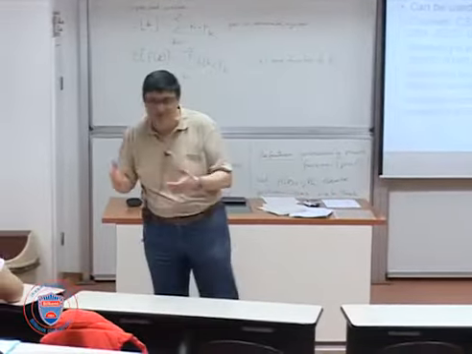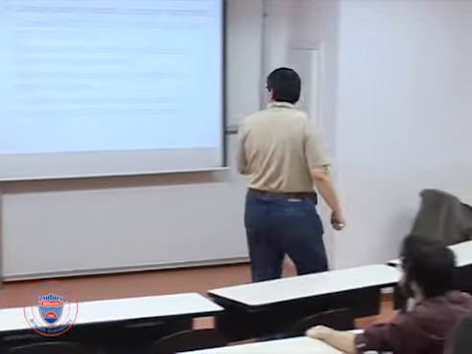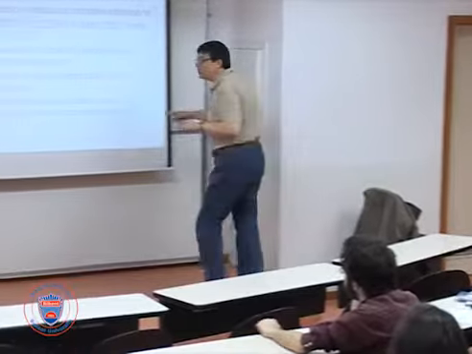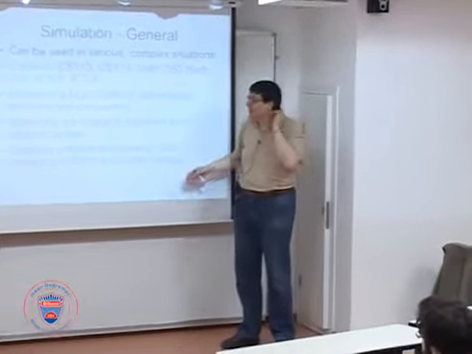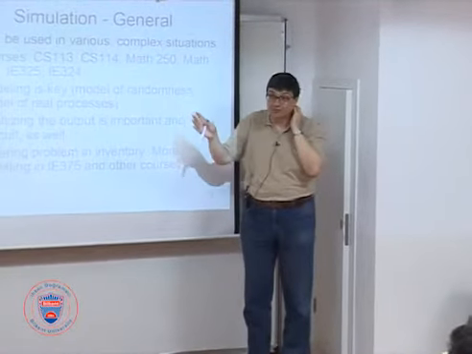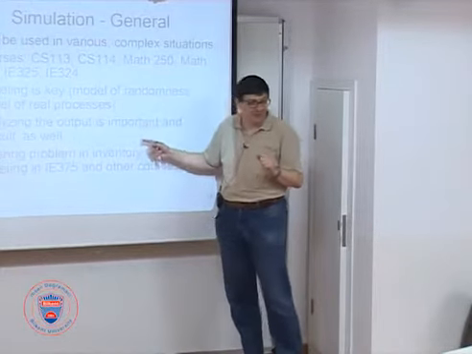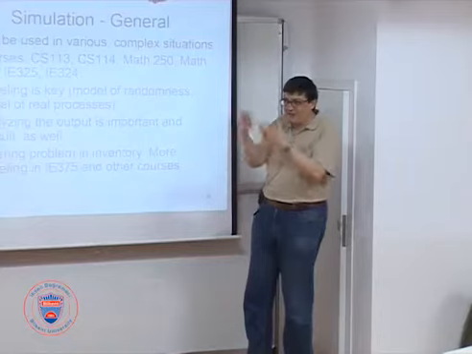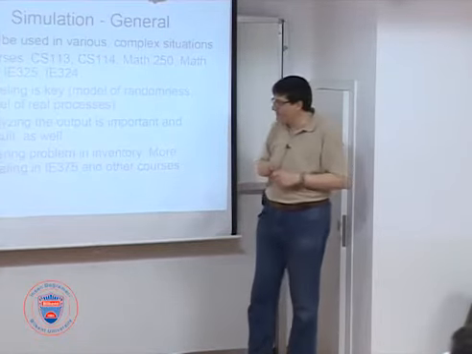But you have to be able to represent correctly whatever you see around. Now, analyzing the output of simulation is not that straightforward. That's one of the things that you're going to learn in the simulation course towards the end of the semester. It's always at the end of the semester, but it is definitely very important. Because unless you have a good analysis, it's not going to bring you much.